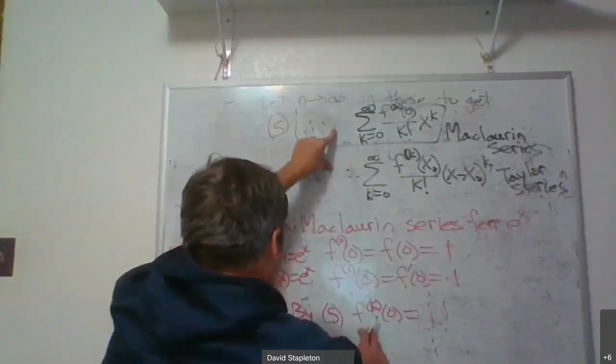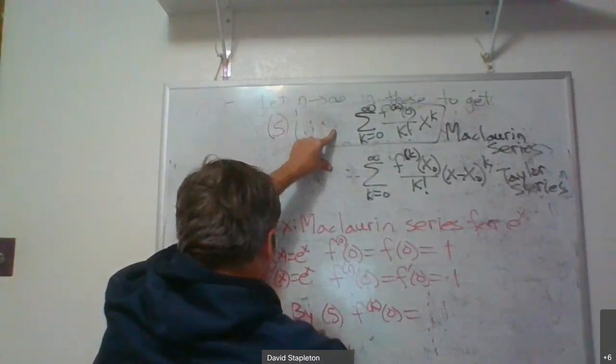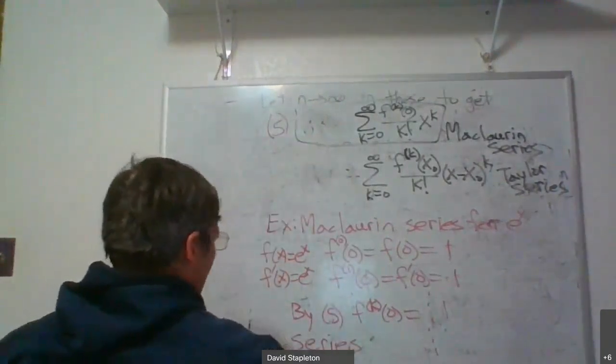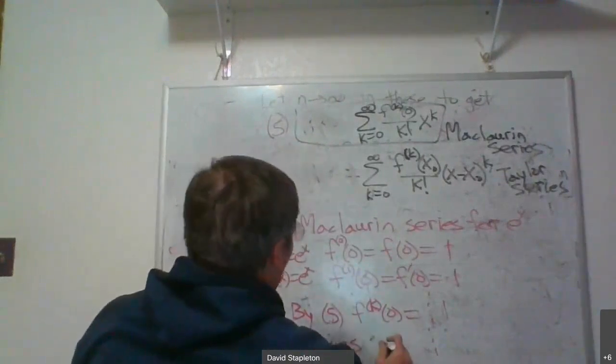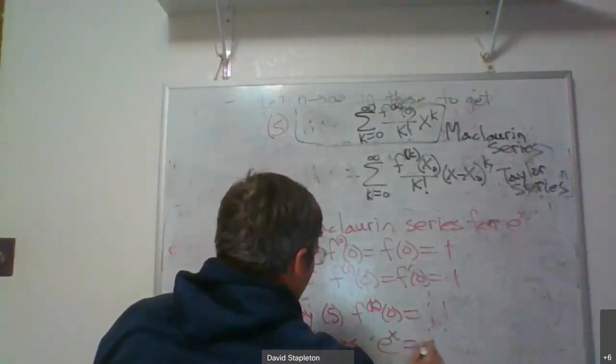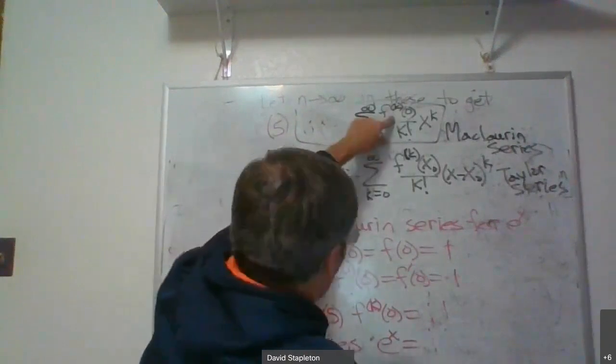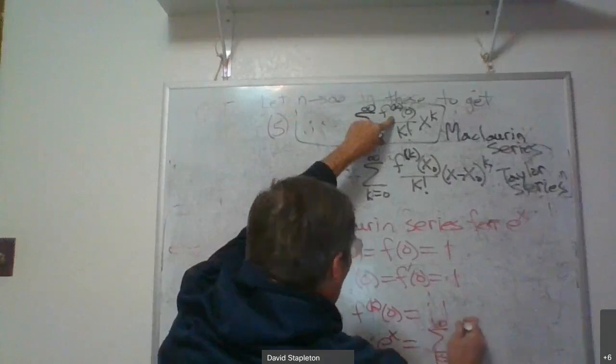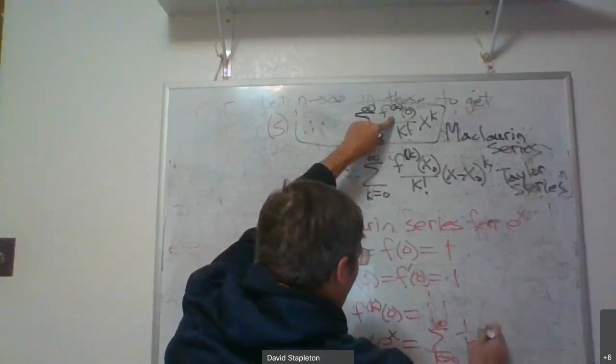By 5, what we get is the Maclaurin series for e to the x, which is the sum, k equals 0 to infinity, of x to the k over k factorial.